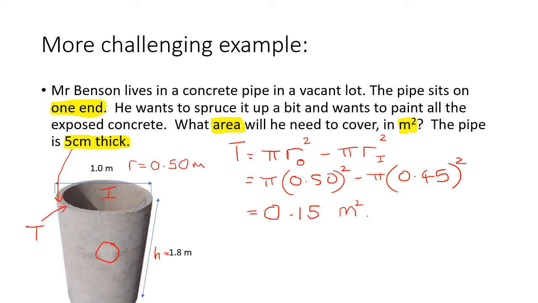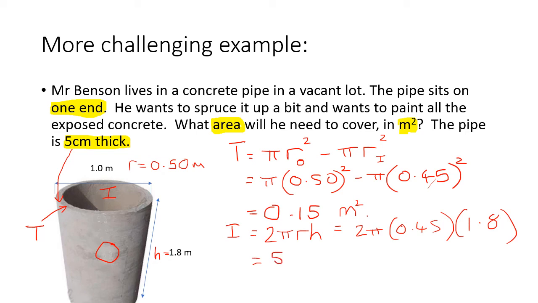Then what we've got to think about is our sides. So these are relatively easy, where our inside, I'll start off with, is going to be given by 2 pi r h. So it's going to be 2 pi 0.45 times 1.8, and that equals, again, I'll do that to 2 decimal places, 5.09 meters squared.